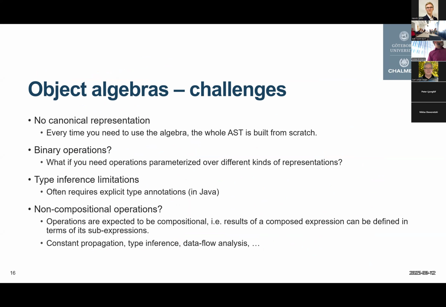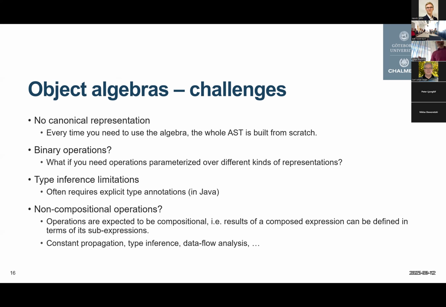These also have no canonical representation. And you said that earlier on, Kuhn: every time you use this, it's ephemeral. It's built and constructed and folded at the same time. So you don't actually have an AST that you can do multiple passes over or do other things.